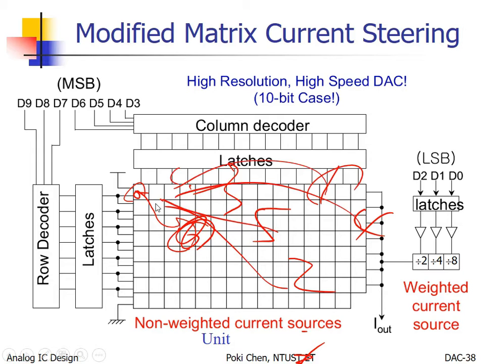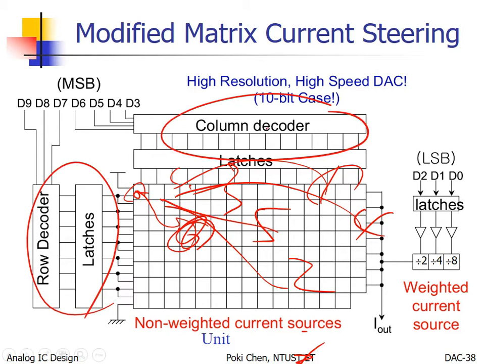Wow. It means the routing will become really messy, really complicated, because you randomize the positions for all those labels. After that, how to connect them to row decoder, column decoder, that is another story. The routing will become too complicated.